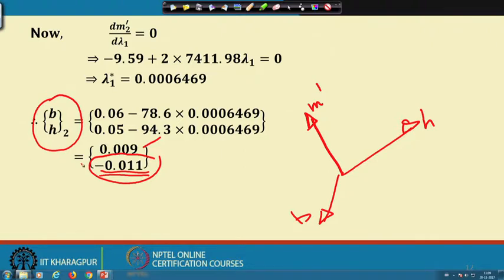So, once we have got some feasible solution for B and H, we check its feasibility further through the functional constraint. If that constraint is fulfilled, then only we declare that this is a valid solution for the next iteration, and this completes one iteration.